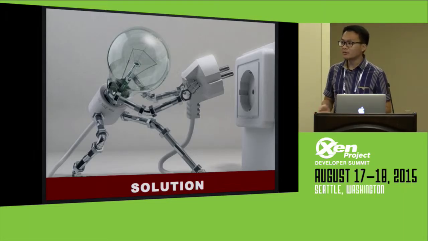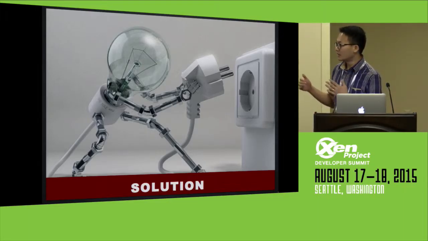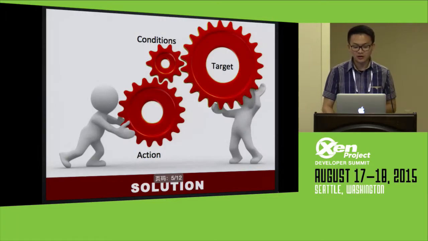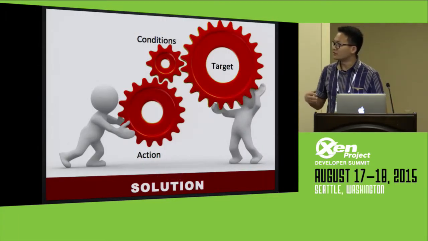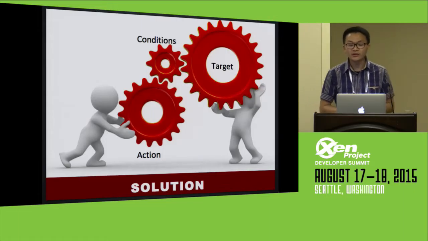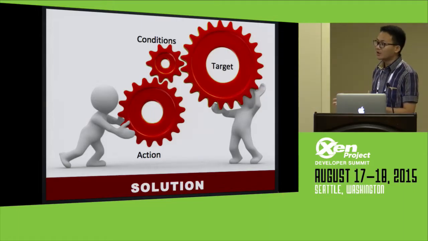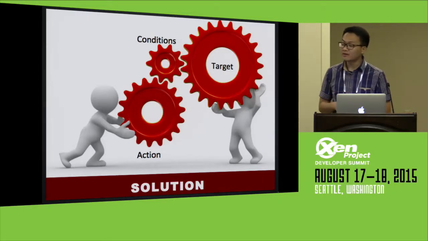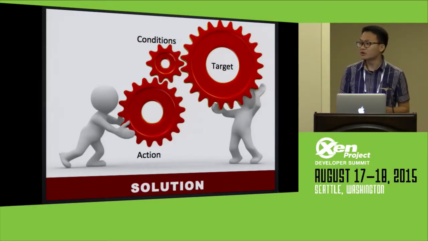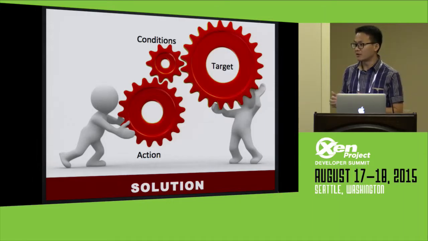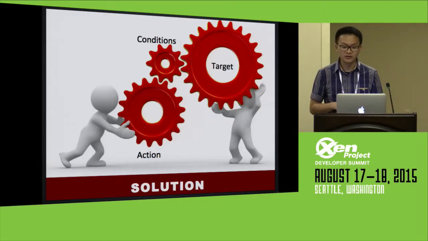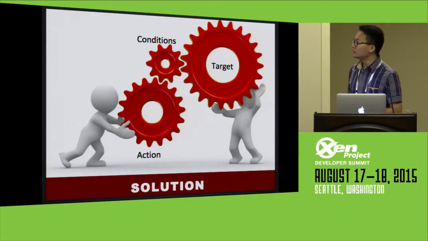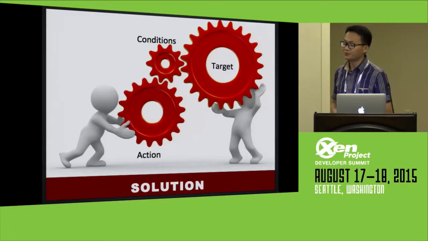To resolve the problem, we need to first define three main points of the solution to deploy. First, what is the target we want to have. Second, what is the condition to deploy the power saving policy. And third, the action we need to take to save the power.